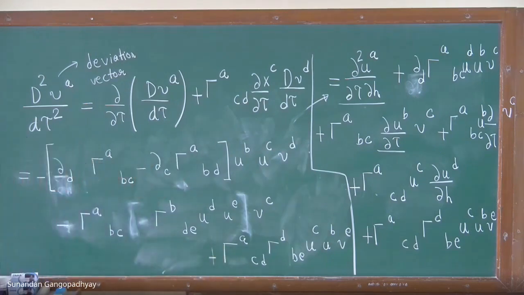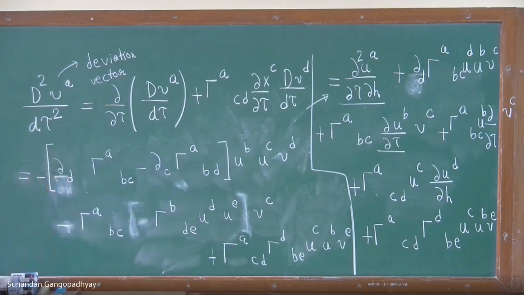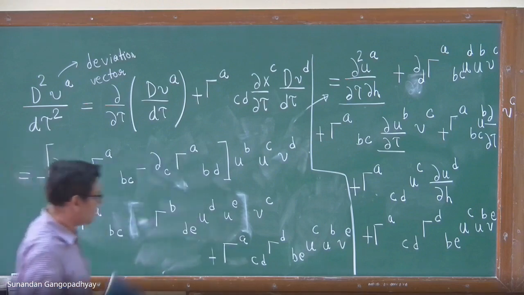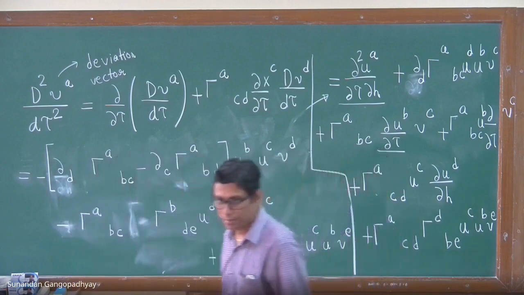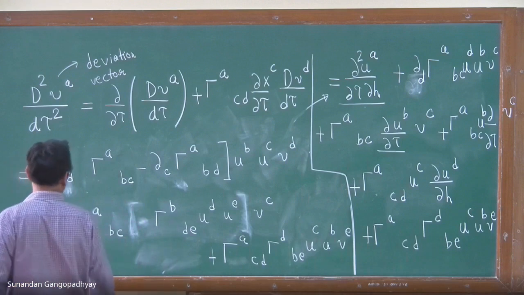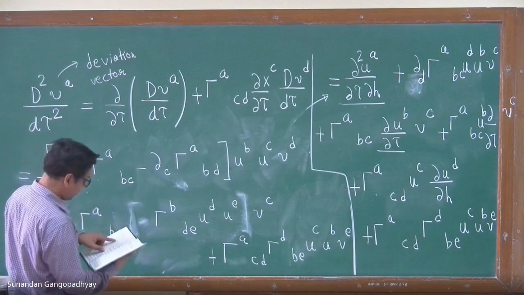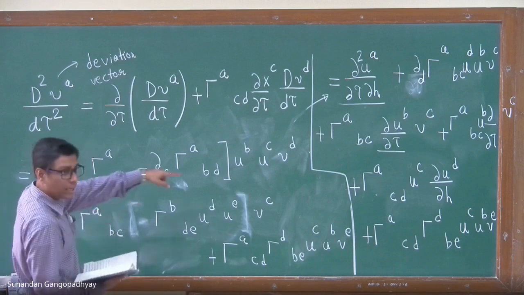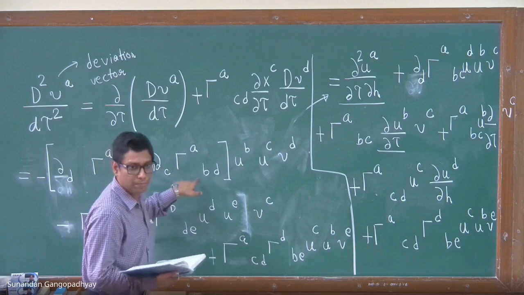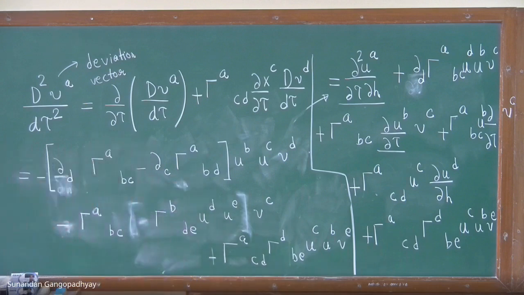The third and fourth terms. Is this clear? This one is clear. Please do it. All of you, please do it. Please do the manipulation and see what you get. You don't need to do anything with this term, I guess, because this term was already in that form. You see, it was already in that form. You just need to manipulate this term by adjusting the dummy indices. Then you will get the first 2 terms.